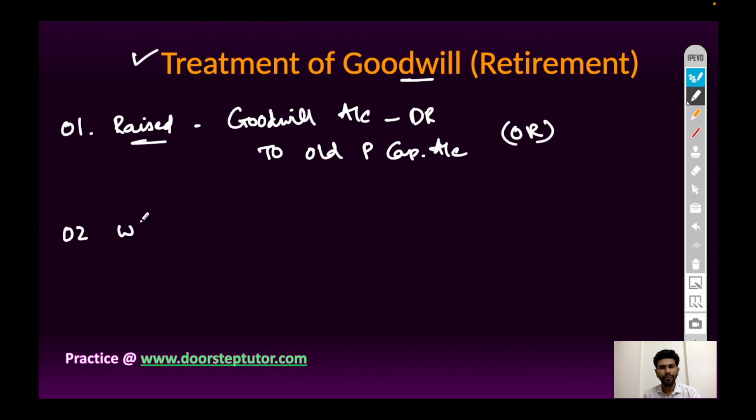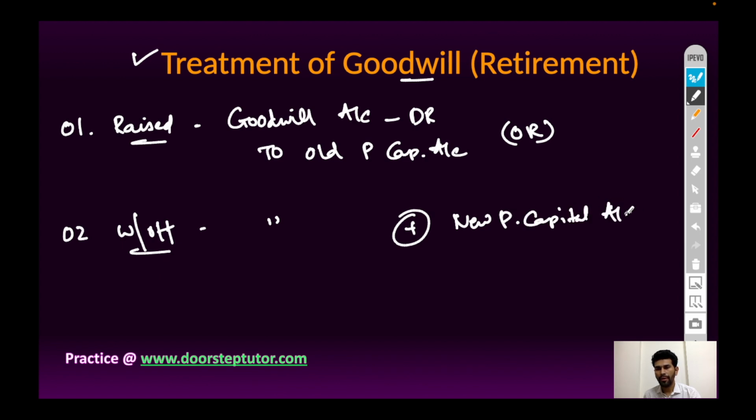And if goodwill is written off, then along with this entry, one more entry will come, that is new partners' capital accounts debit to goodwill account, and the amount will be distributed among new partners in new ratio.